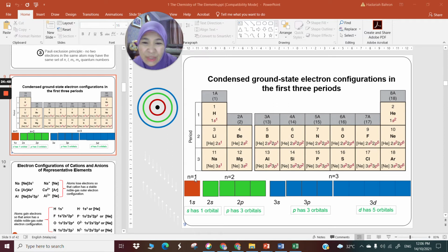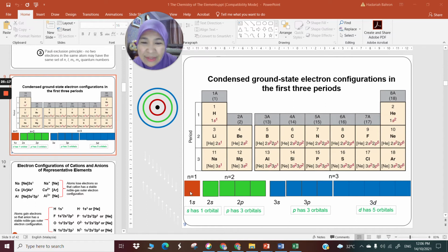In n equals 1, or quantum number 1, you have only the s orbital, and s has only one orbital. Now, once the s orbital in here is full, the next electron coming in will have to open a new quantum number, the second quantum number, n equals 2.